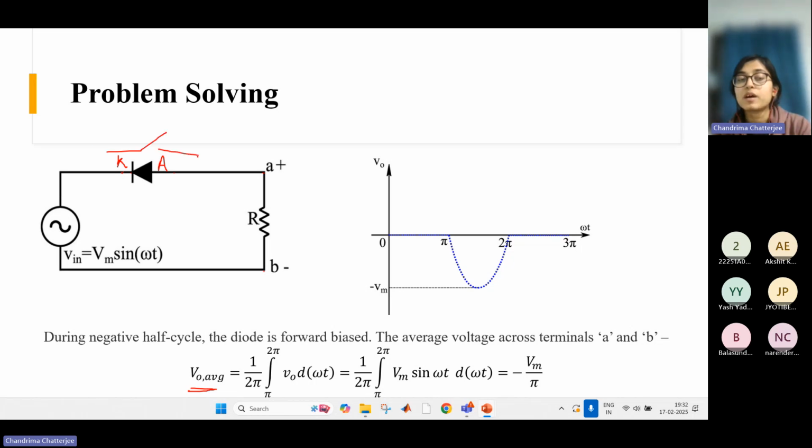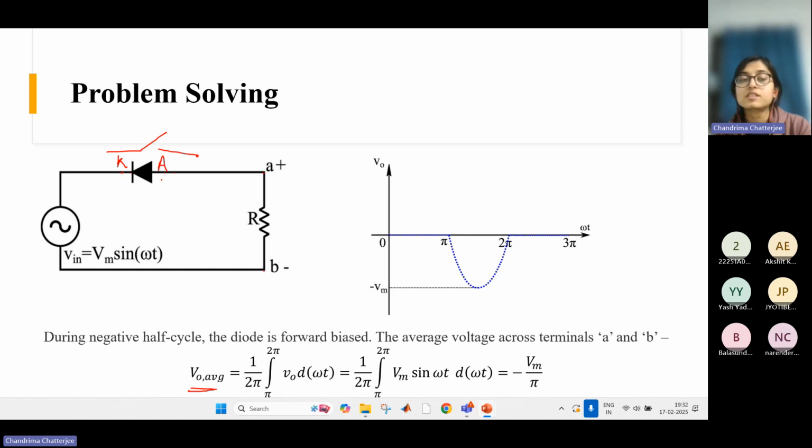This will be an open path, and there will be no path for the current to flow. So this convention, this sign, all these things have nothing to do with the diode. The diode will only see whether it is a forward bias condition or a reverse bias condition.